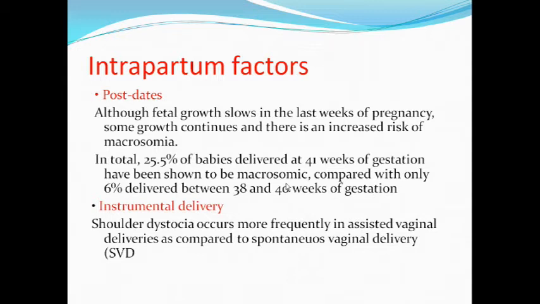Instrumental delivery: shoulder dystocia occurs more frequently in assisted vaginal delivery as compared to spontaneous vaginal delivery. It is not necessary that the baby weight is more in patients with assisted vaginal delivery. Especially in fetal distress, when we have to deliver fast, we use ventouse or forceps delivery.